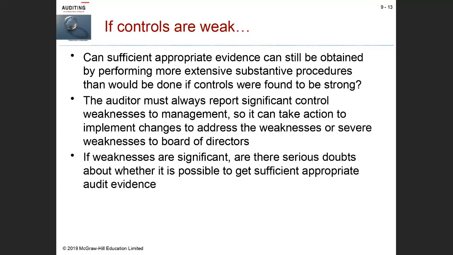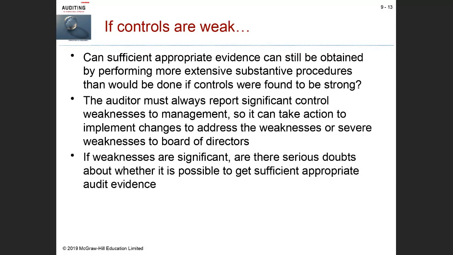So the first bullet point, it says, can sufficient audit evidence be obtained still by performing more extensive substantive procedures that would be done if controls were found to be strong? So if internal controls are weak, can we counter that by doing more substantive procedures? And if we do more substantive procedures, will that give us sufficient appropriate audit evidence to render our opinion? Okay.